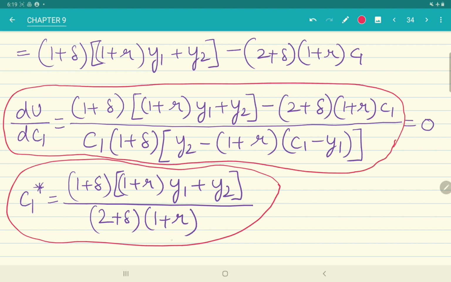C1 star is this. You see here that if your C1 is greater than the C1 star, du by dc1 will be less than 0. And it's very clear from these two expressions.